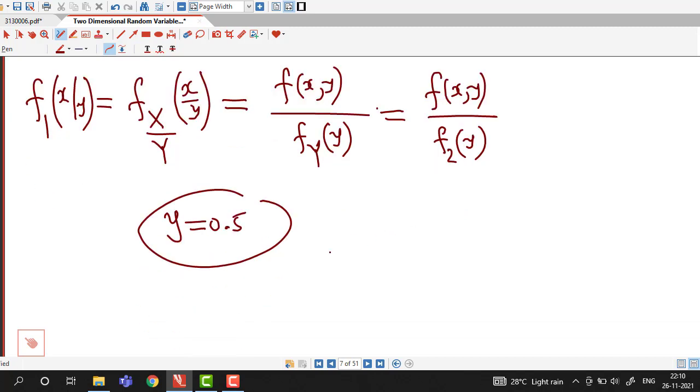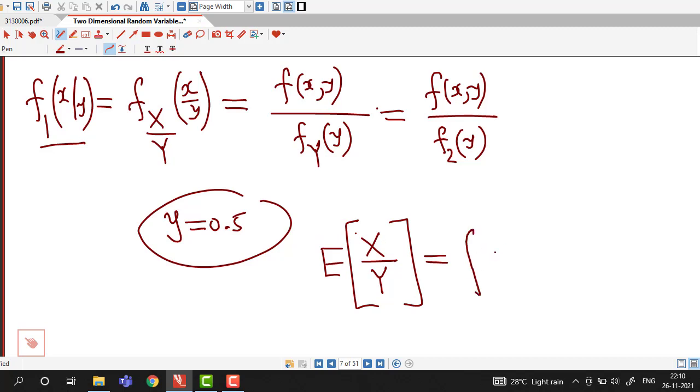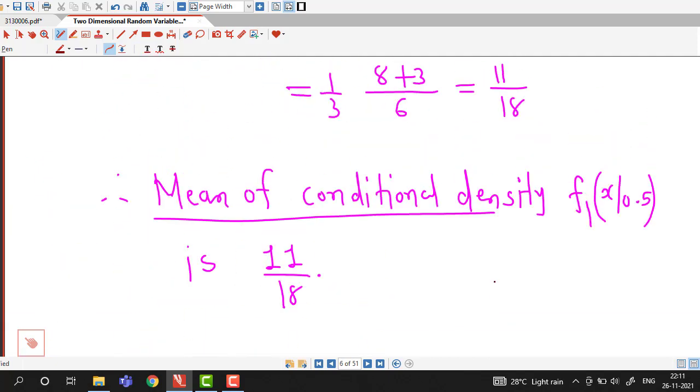And finally, using the definition of expectation, we obtain the mean of this density, for which we are using this notation. We have used this notation for mean or expected value of conditional density, and using this we are able to find out mean of conditional density. Integral with respect to x, we have to integrate over all possible values of x.